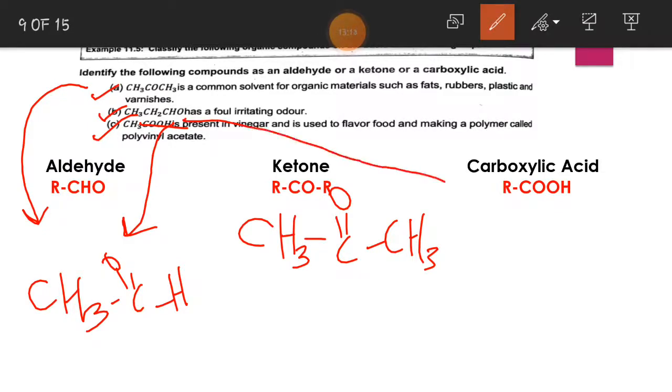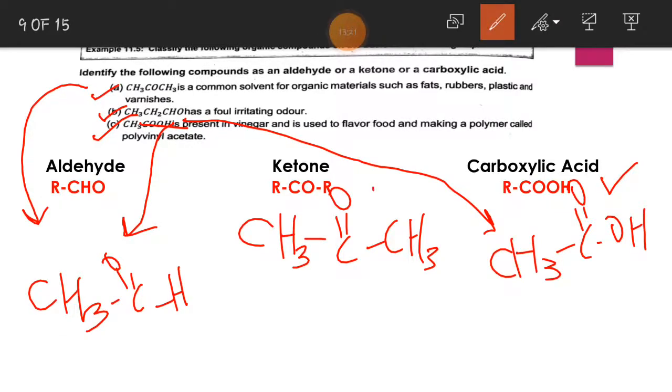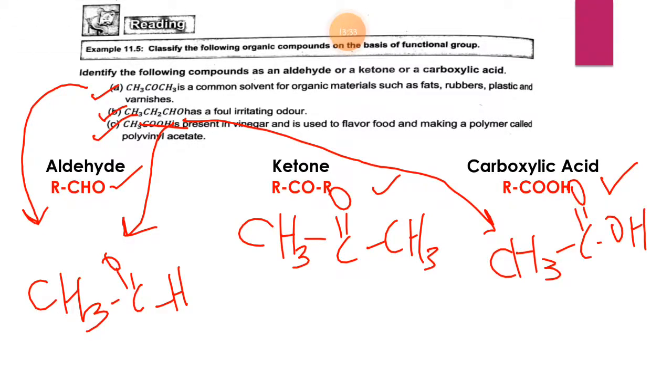And this, CH3COOH, is a carboxylic acid. So whenever you write a general formula for these classes of compounds, you can quickly recognize the given substance as aldehyde, ketone, carboxylic acid or any other class of compound.